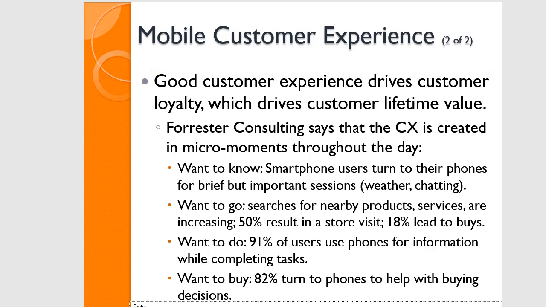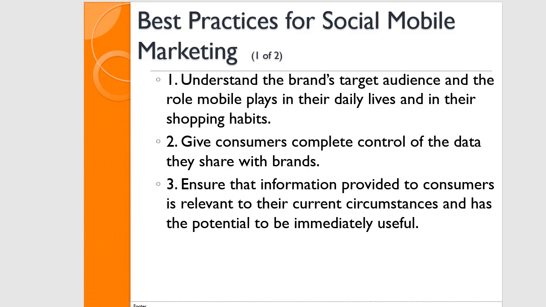The last thing we want to talk about is the best practices in social media or social mobile marketing. Again, we've talked about this over and over again: understand your target audience and how they're using mobile devices and how that plays a part in their daily lives.